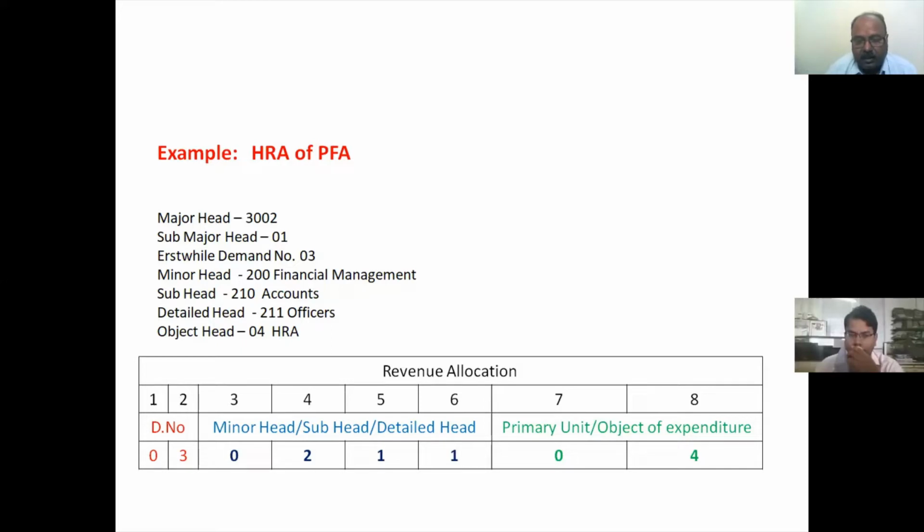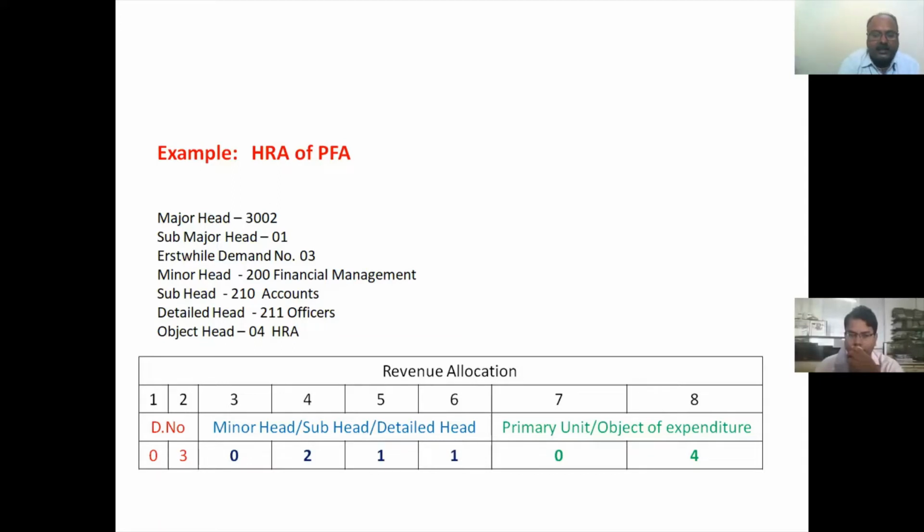This is not with books, so the exam will be conducted without books. So don't worry about the detailed head; it will not be asked in the exam. Only demand number or primary unit will be asked. Primary units are very important, because if it is with books, the question paper is likely to ask for the complete allocation of the HRA of the PFA or some other classification of expenditure.